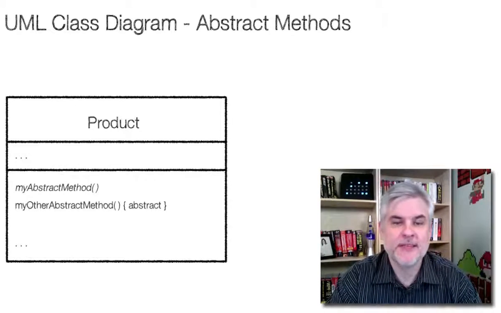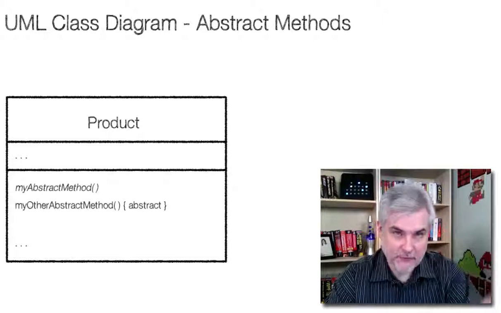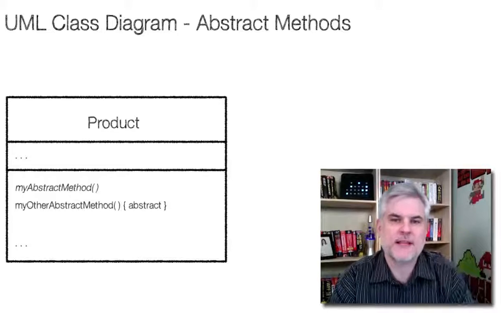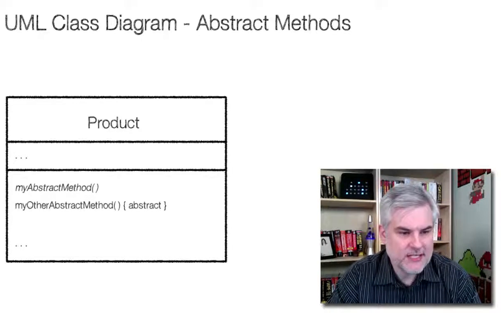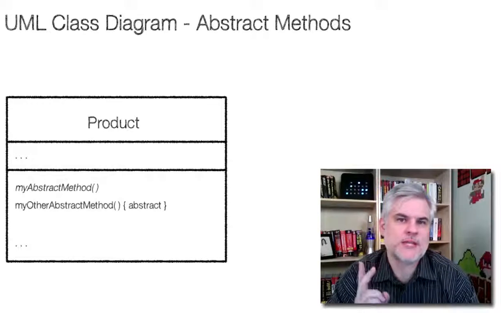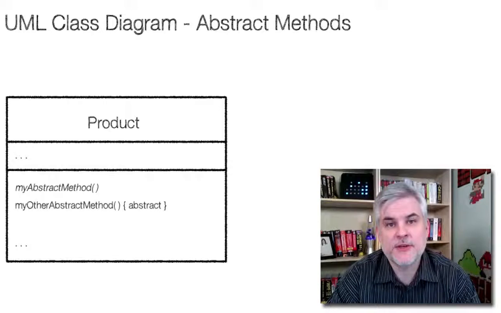But what if we just wanted to use abstract methods in a class as an instance class? We've removed the word abstract from the class name itself in that container. But in the method container, you can see that we have two ways to represent an abstract method in UML. The first is just by using italics.